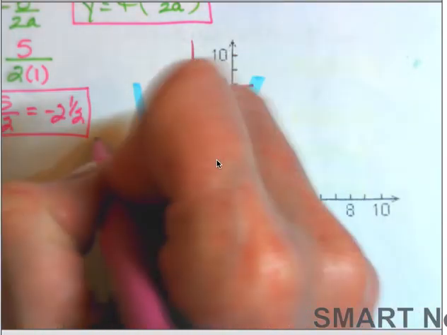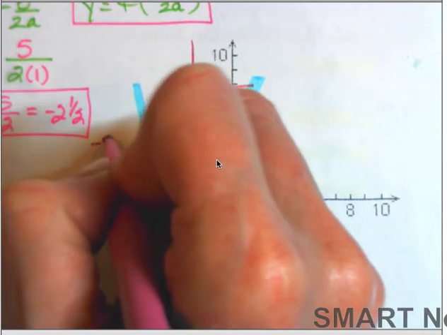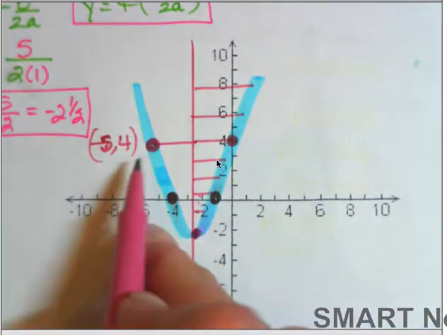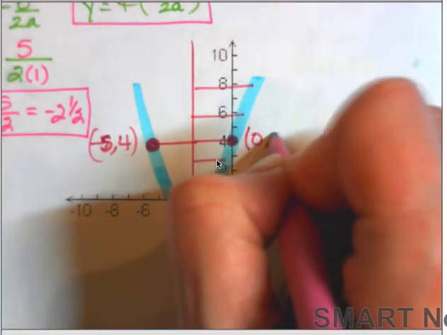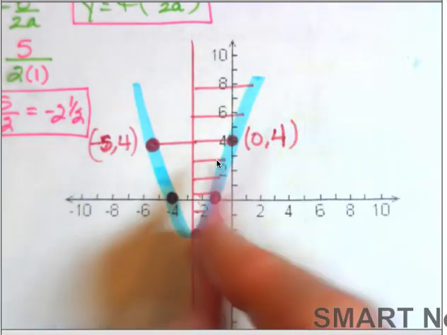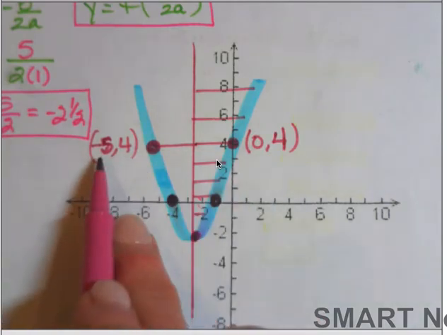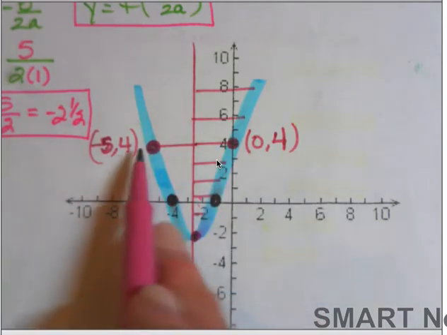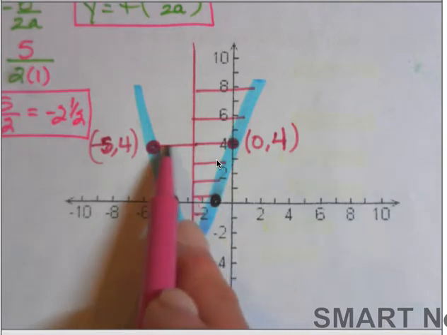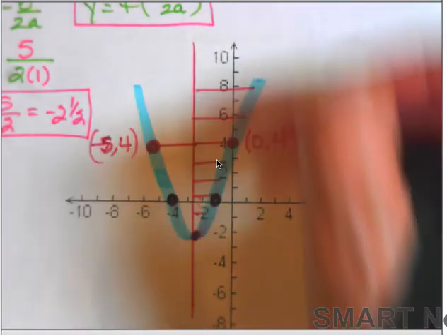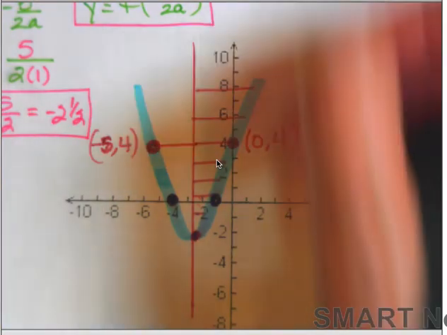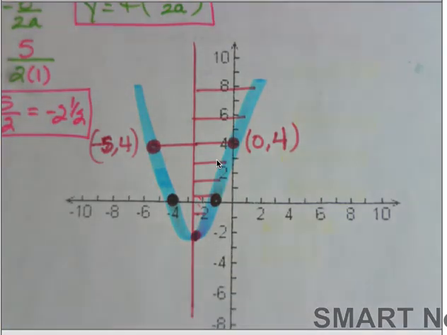So his partner is going to be (-5, 4). The symmetric partner is going to have the same y-coordinate, but a different x-coordinate. And the points are generated because they're equal distance from this axis of symmetry that divides the shape into 2 equal halves. Okay, let's move on.